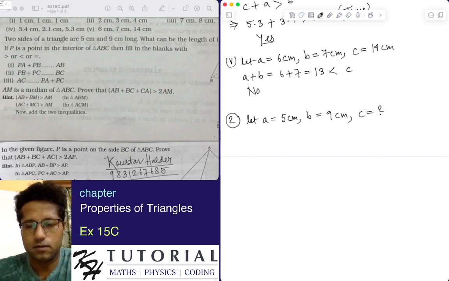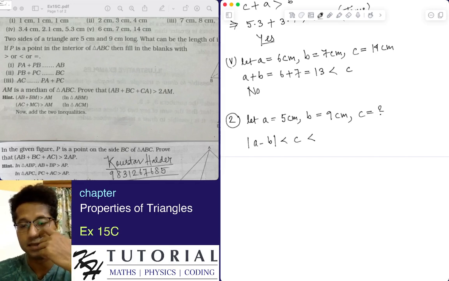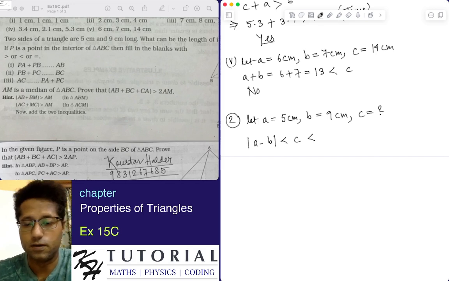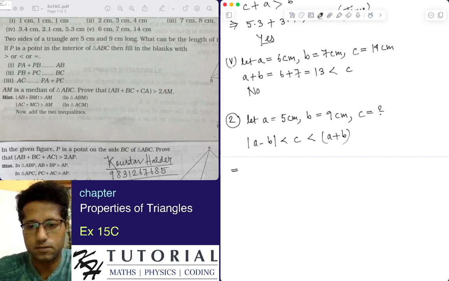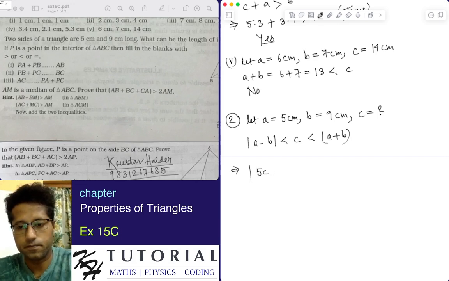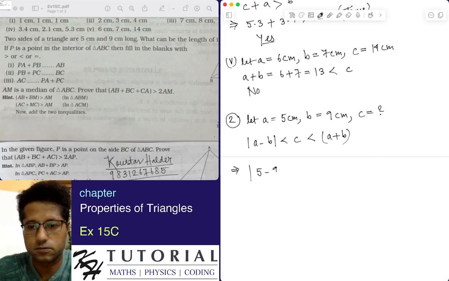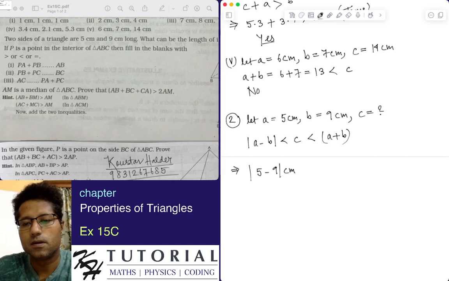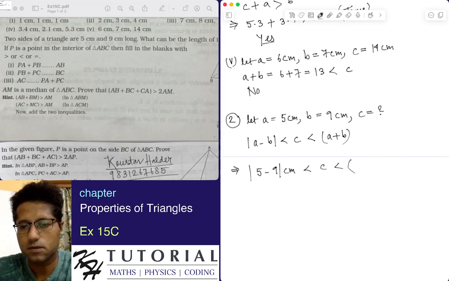So we know the formula is C must be greater than modulus of A minus B, and should be less than A plus B. So this implies modulus of 5 minus 9 centimeter is less than C less than 5 plus 9 centimeter.